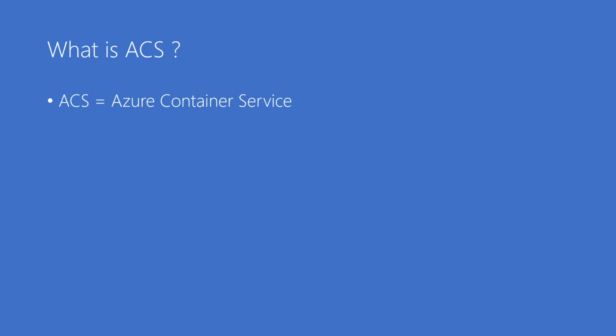Azure Container Service. It's a Microsoft technology which optimizes the deployment of popular open source tools and technology. Till now in this training, we have been reviewing and talking about a single virtual machine and a single Docker engine instance. This is obviously not scalable for modern applications.